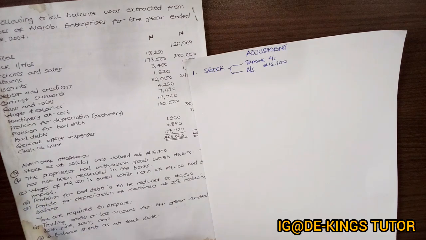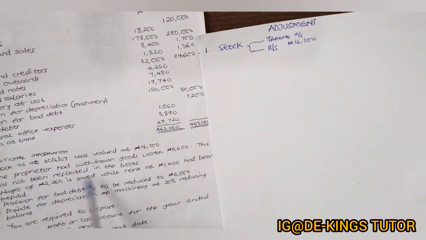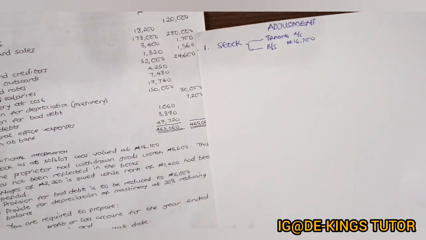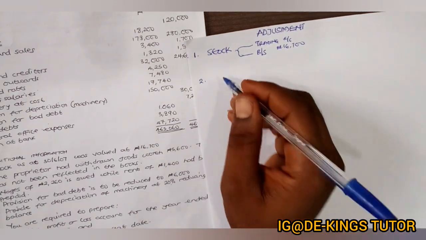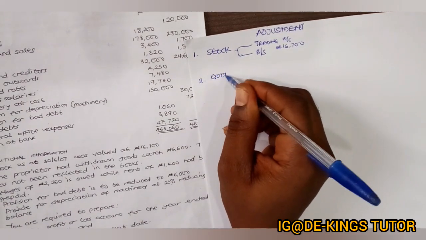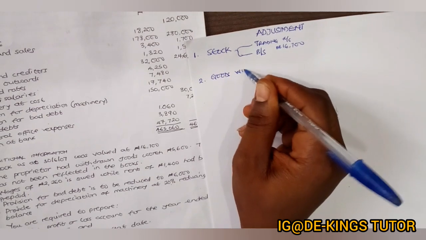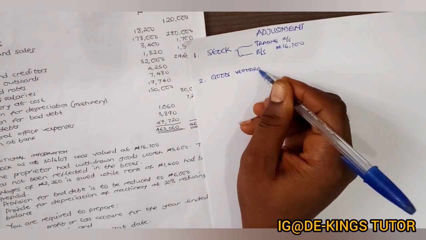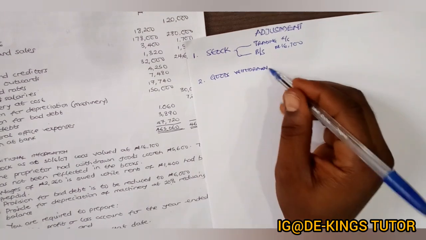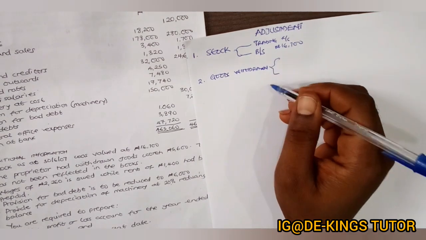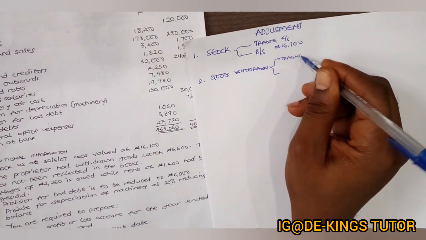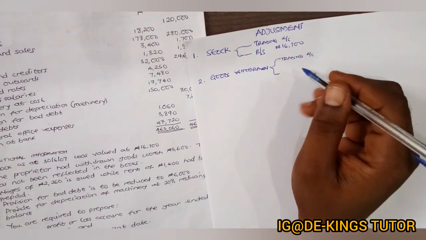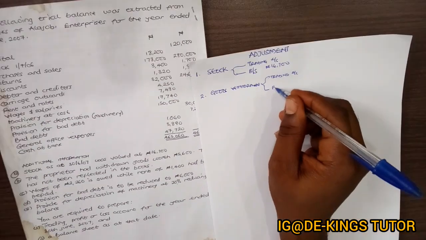Now B, we said the proprietor had withdrawn goods worth 5,600. This has not been reflected in the books. So this is goods withdrawn. Let's see how we adjust it. It will appear in the trading account and also go to the balance sheet.